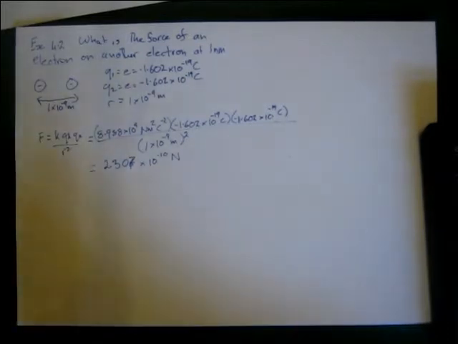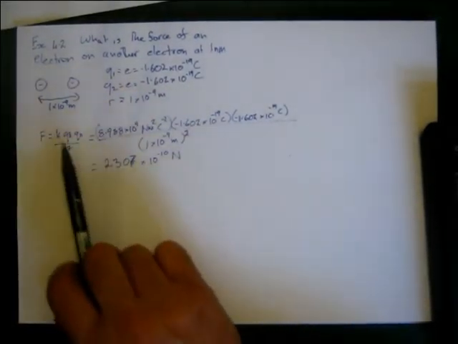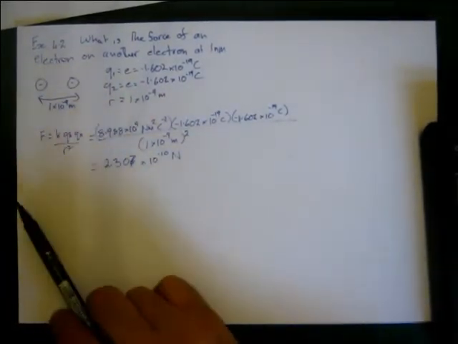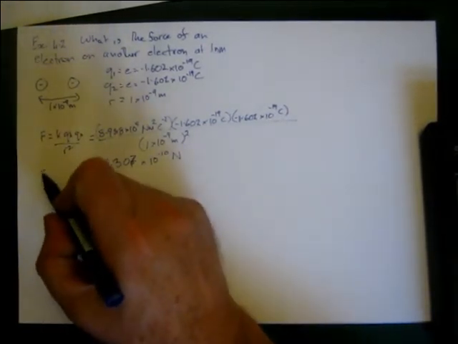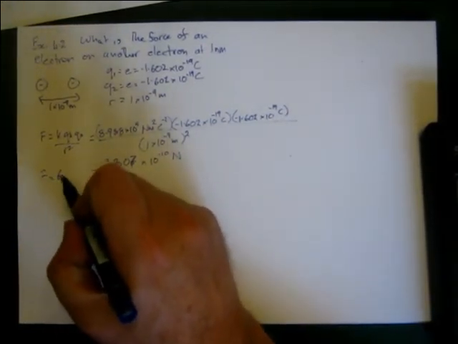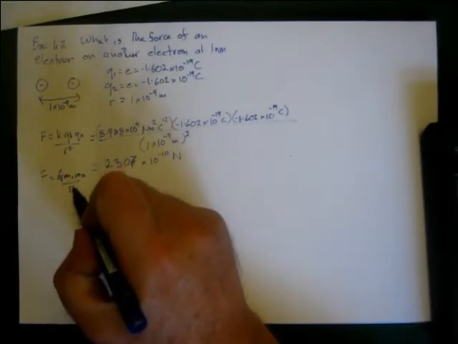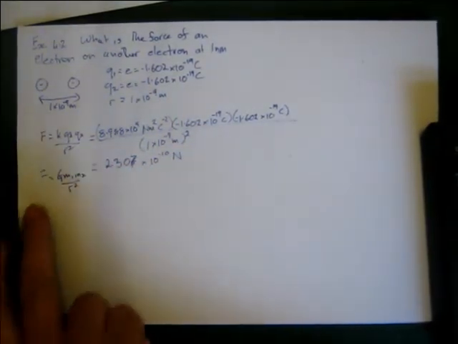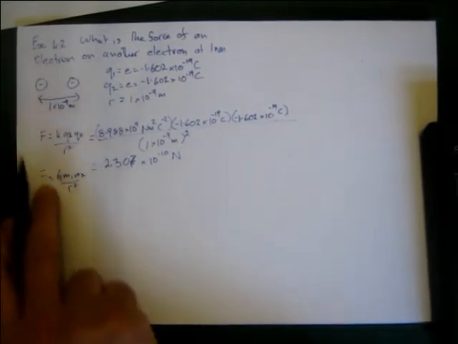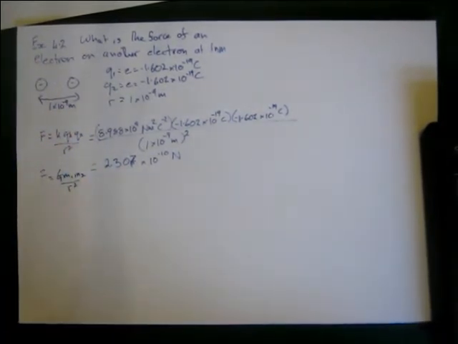You'll also notice that this equation is very similar to the gravity equation. Force is equal to G m1 m2 over r squared. So these equations work in a very similar way.